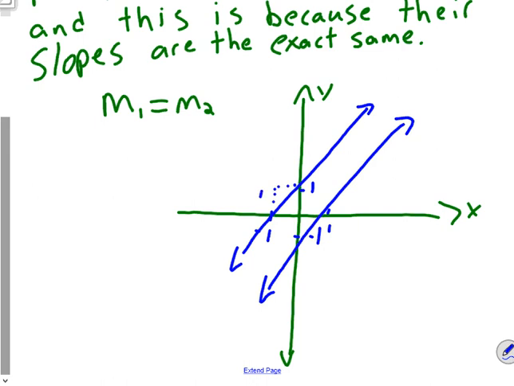I go, my rise is 1, my run is 1. Rise is 1, run is 1. Lots of 1s on there. Okay? So that's what that looks like.